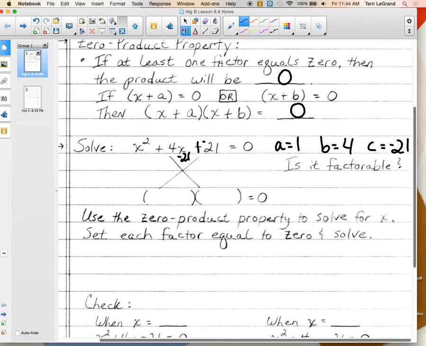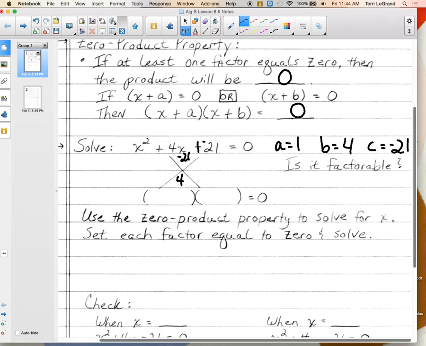And so whatever is upstairs in our diamond, when A is equal to 1, we just have to put the C value there, because 1 times the C value will still be the C value, right? And what goes downstairs in our diamond, down here? The 4. So we are now looking for numbers that multiply to be negative 21 and add up to 4.